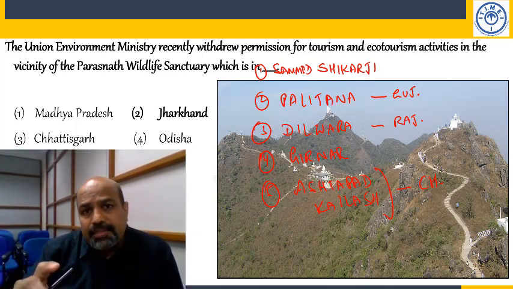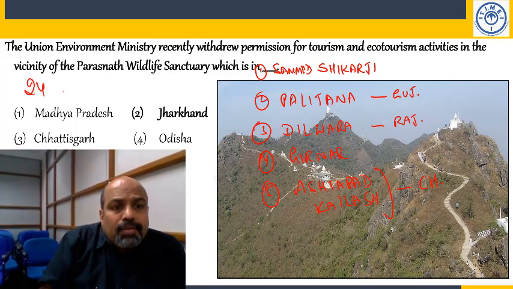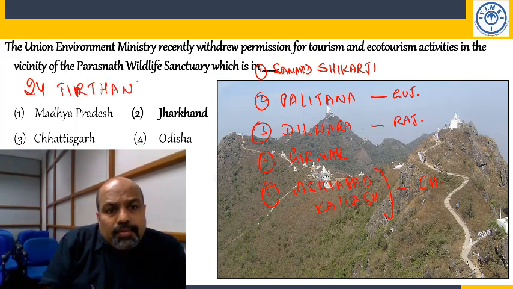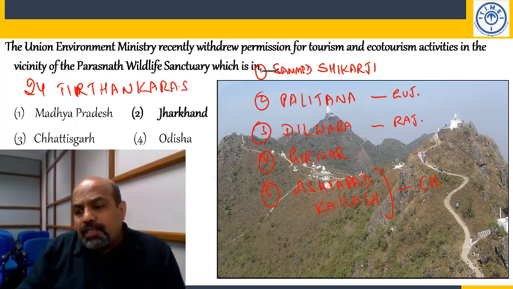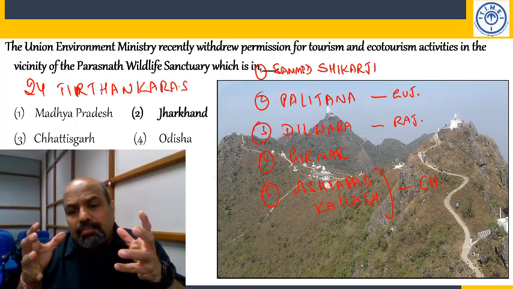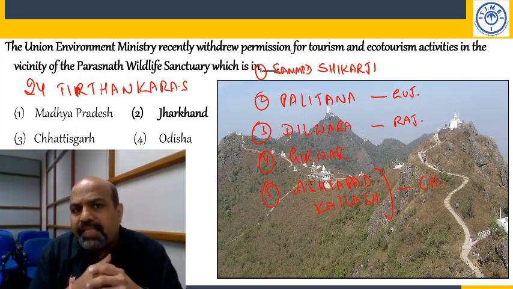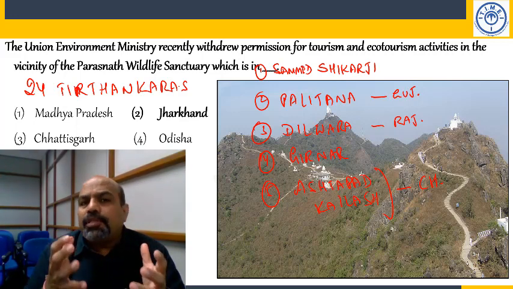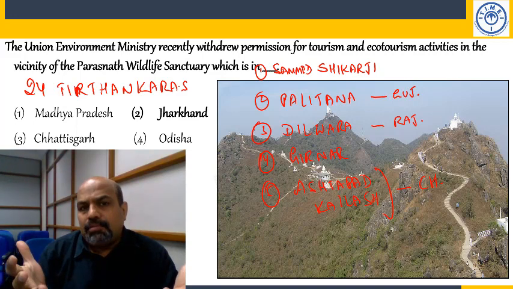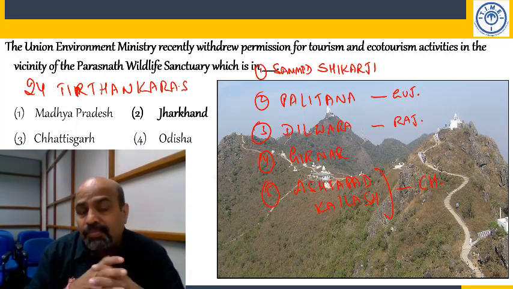In the Jain faith, there are 24 Tirthankaras, who are equated with God in the faith. These are the 24 Tirthankaras who expounded the doctrine that defines Jainism today.